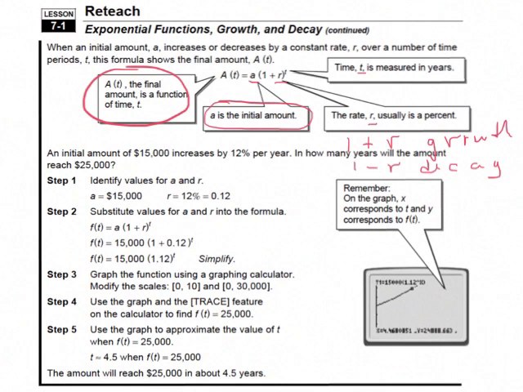So as you move your t along, when you see the y value reach 25,000, stop, and then look at the t value. The t value is the number of years it will take for it to reach 25,000. Okay, and that's all there is to this problem.